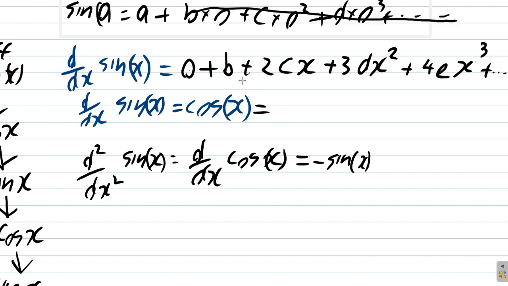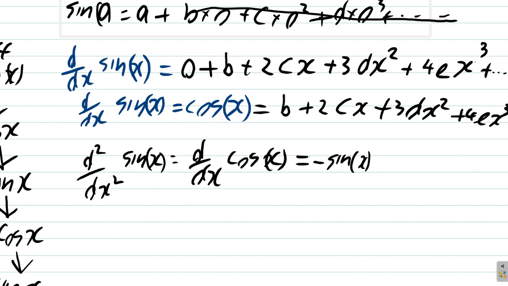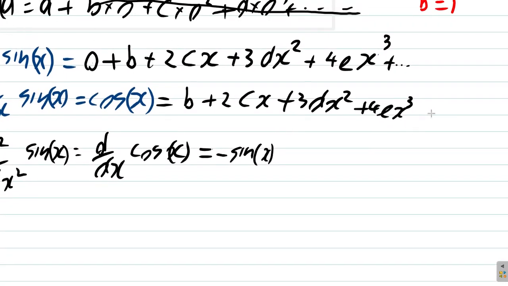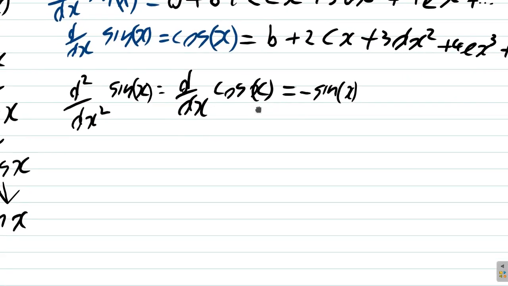So this cos x is the same thing as this. So, it is b plus 2cx plus 3d x squared plus 4e x cubed, and so on and so forth. I expect that the next one would be 5f x to the fourth, plus, and so on.